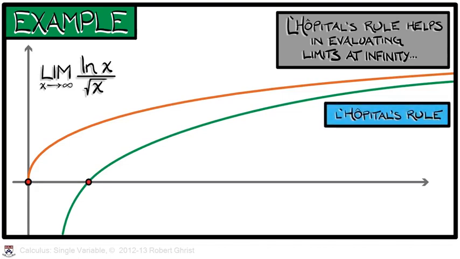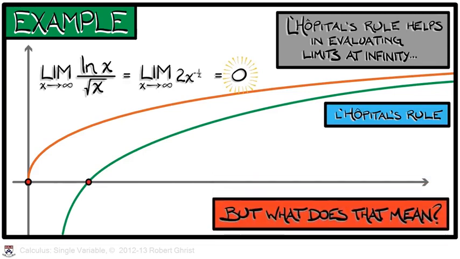Well, let's apply L'Hopital's rule. This gives us the limit as x goes to infinity of what? The derivative of log of x is 1 over x. The derivative of x to the 1/2 is 1/2 x to the minus 1/2. This simplifies to twice x to the minus 1/2. As x goes to infinity, this clearly goes to 0.